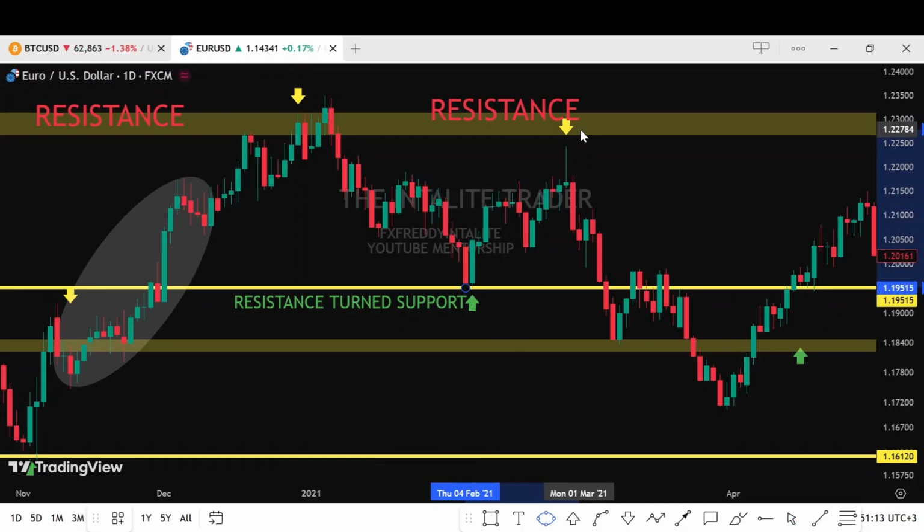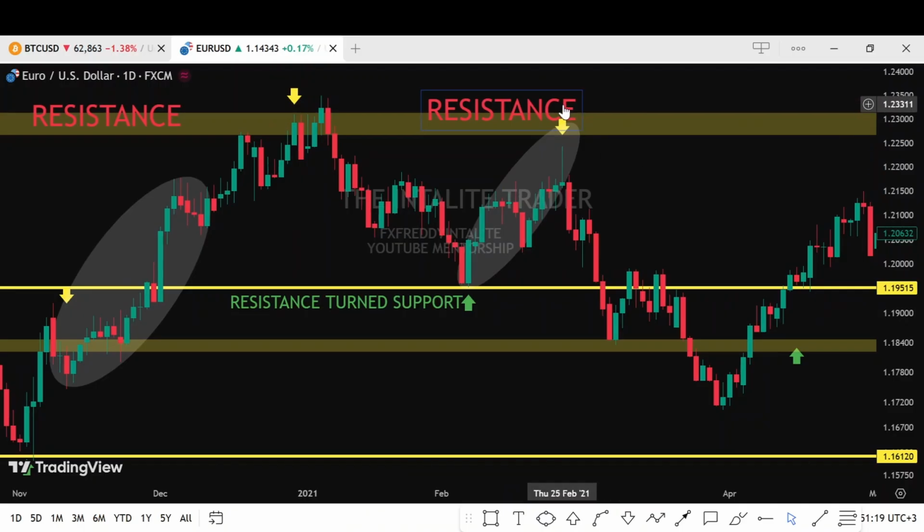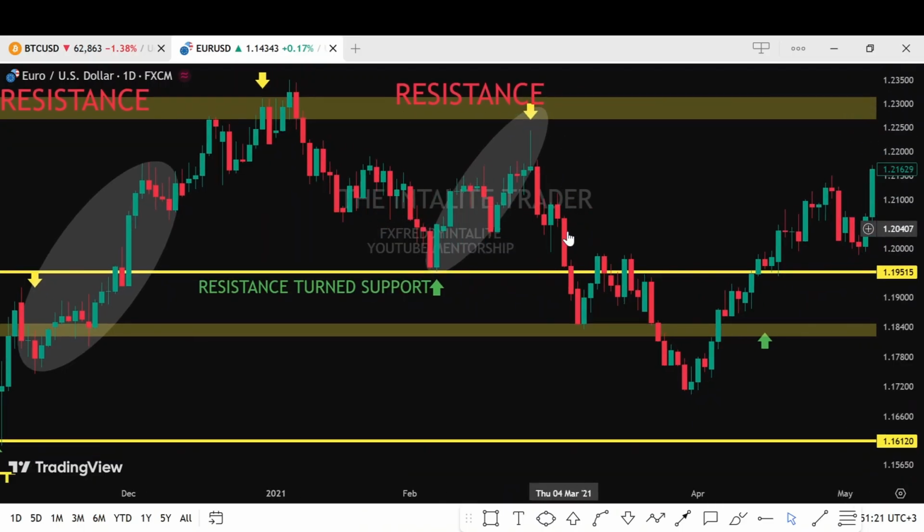We traded higher back into this zone you're seeing, before we got resisted and traded lower past the previous support. This support here, we traded below it and we created another level down here, this one.